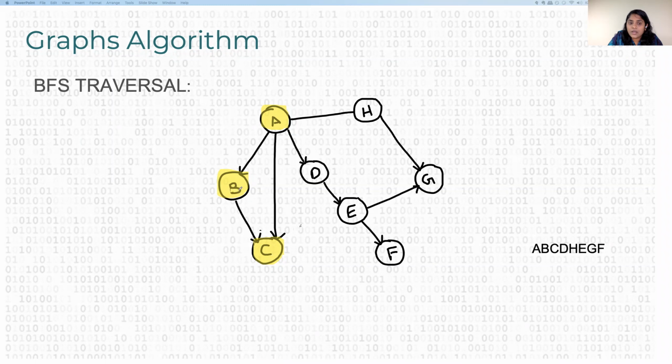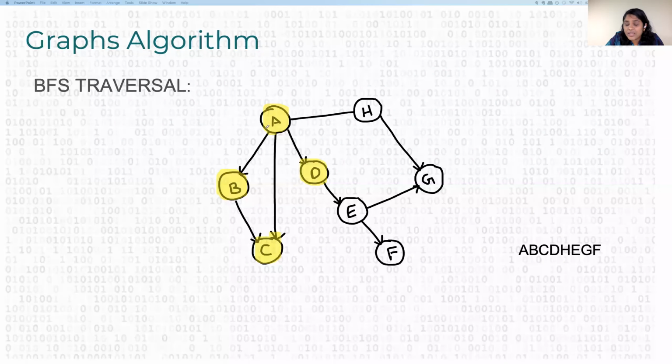So for B, the node emanating out of B is C, and we have added it to the queue, and then process the next neighbors, keep processing the immediate neighbors of A, which is D in this case. And after we visit D, are there any nodes that are associated with D for the next level?